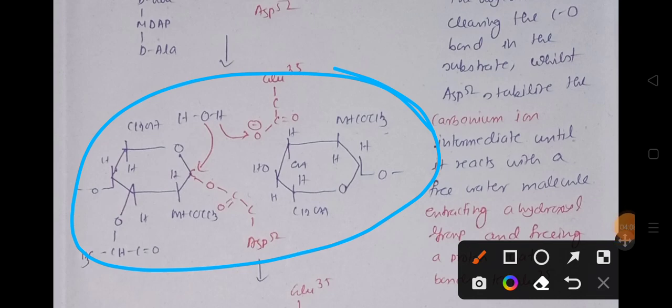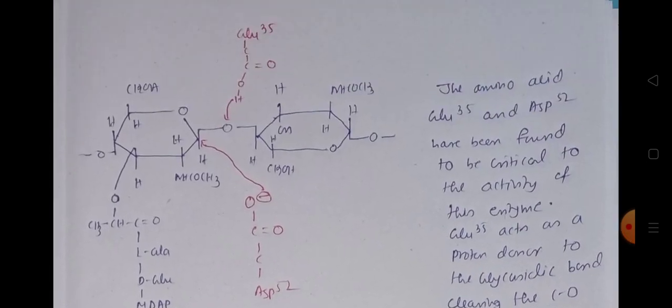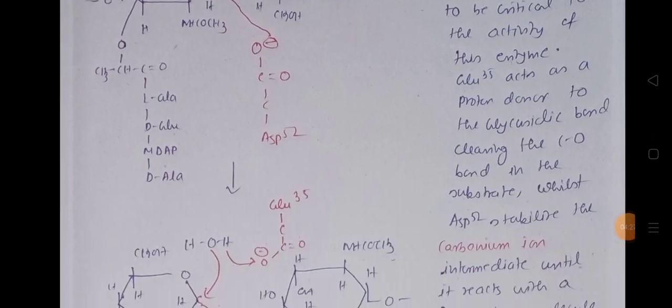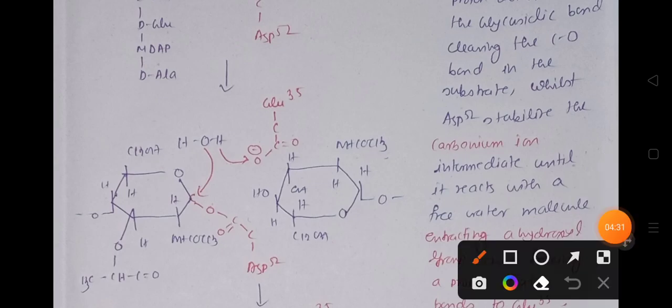Now a water molecule will come into the picture and donate a hydroxyl to this, and the remaining proton will be taken up by the glutamic acid. As a result, the glutamic acid, which became charged due to the donation of the proton, becomes uncharged again, back to its normal state.